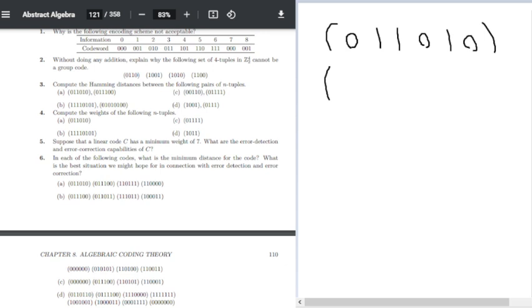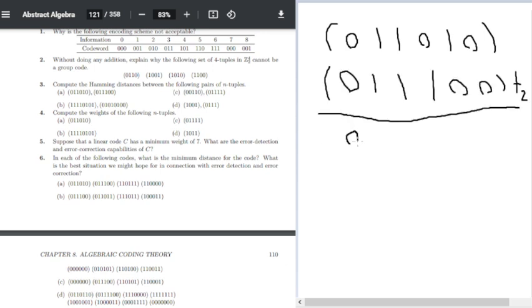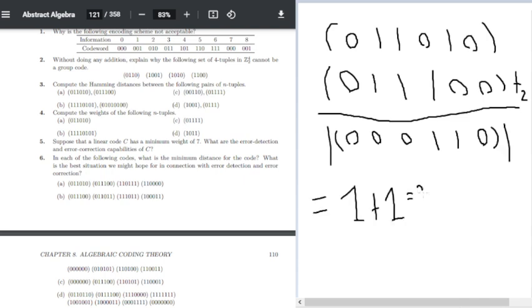So I'll put add mod 2 here, which will give us 0. This will go to 0 because 1 plus 1 mod 2 is 0. 0, 1, 1, 0. And from this, we can just take the number of ones, which means it's going to be 1 plus 1 equals 2.